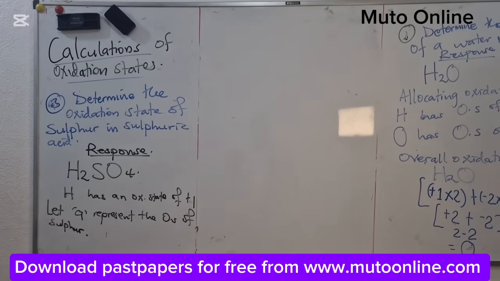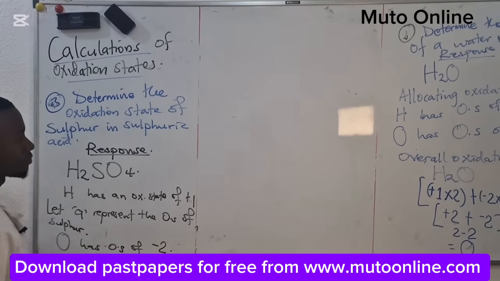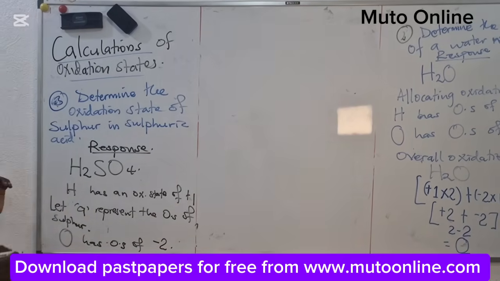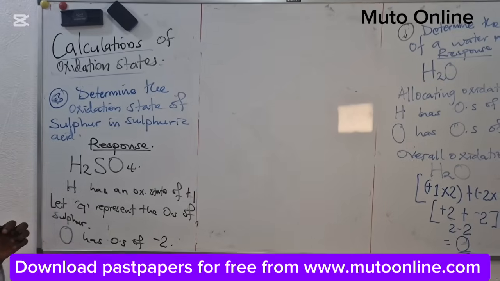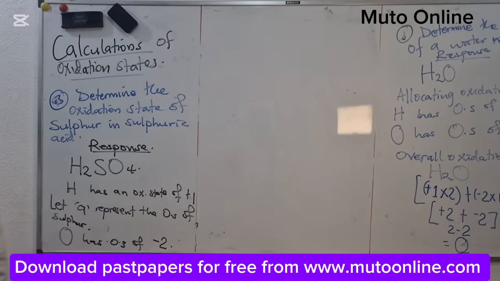And do we have that of oxygen? Yes. Which has what? Oxygen. We remember it has an oxidation state of -2 in a combined state. But remember, the overall oxidation state of any compound is always 0.